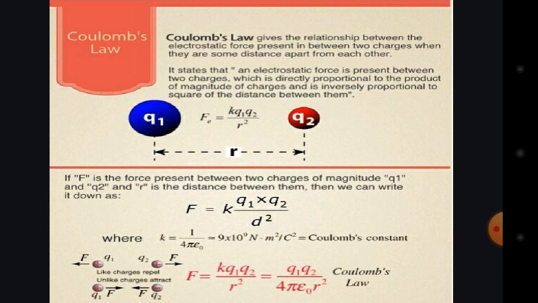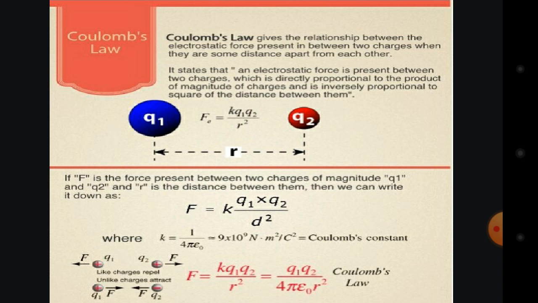This K is a constant of proportionality governed by Coulomb's law. When we say Coulomb's constant, we mean the value of this K does not change. Wherever you see it, K in physics refers to the Coulomb's law constant.